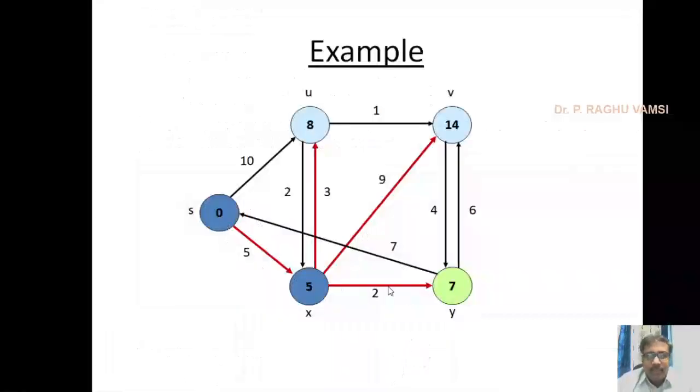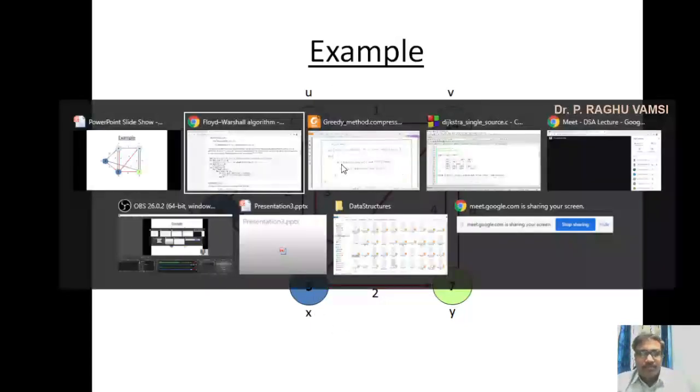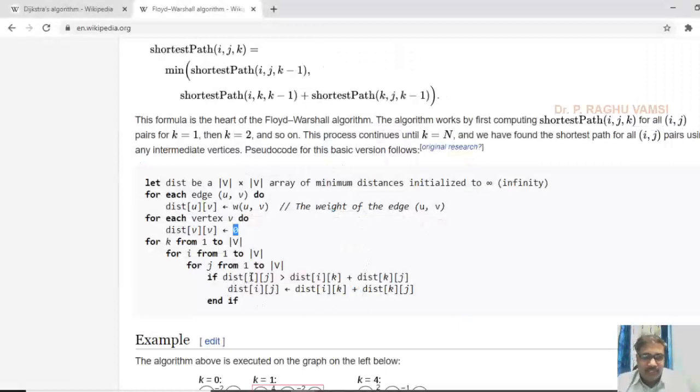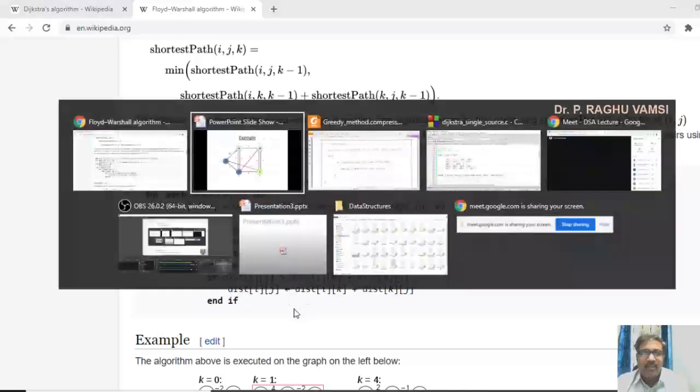Assume that I have a direct path from S to U, but I have to check whether the S to U path is greater than S to X and X to U. Assume this is S and this is U. If distance of SU is greater than distance of SX plus distance of XU, then you are supposed to update this particular distance.